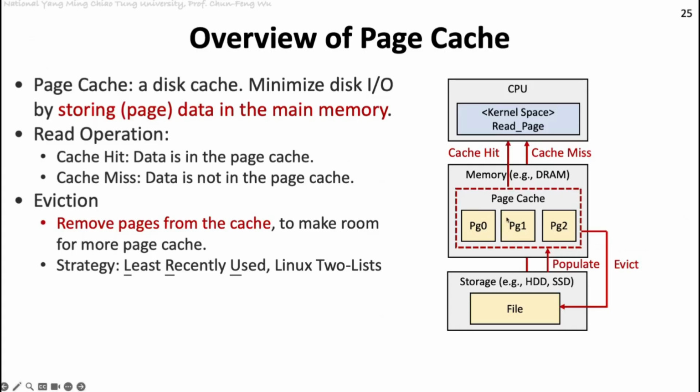So the larger the page cache is, you cannot use, for example, mmap too much, or the memory allocation functions for the heap, because your page cache is so large. So the size of the page cache is also one important thing.